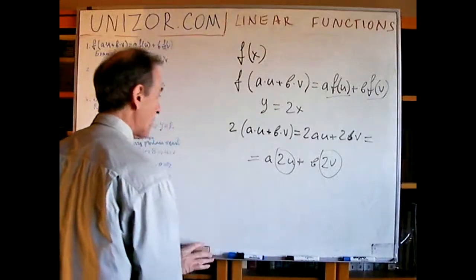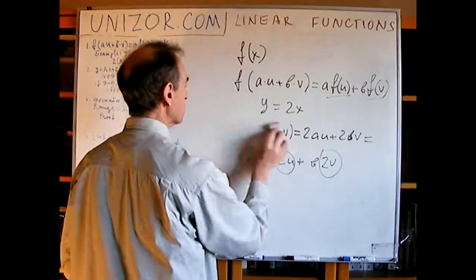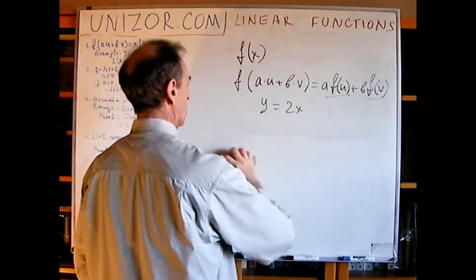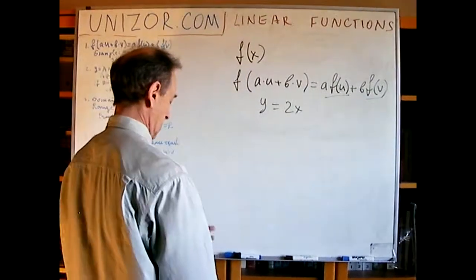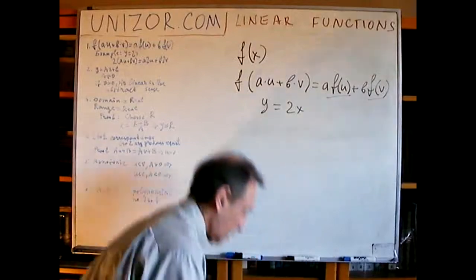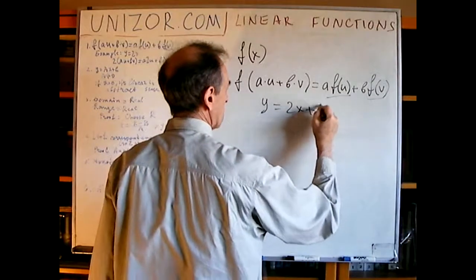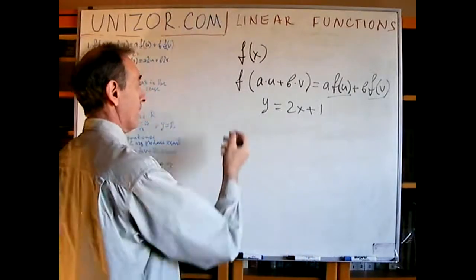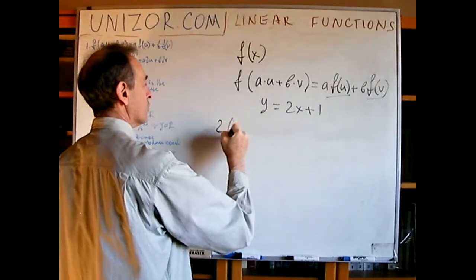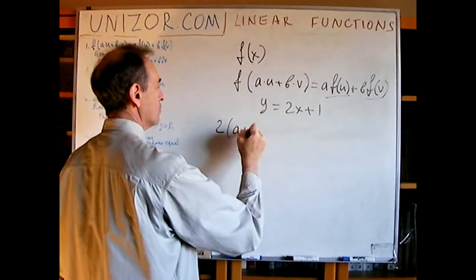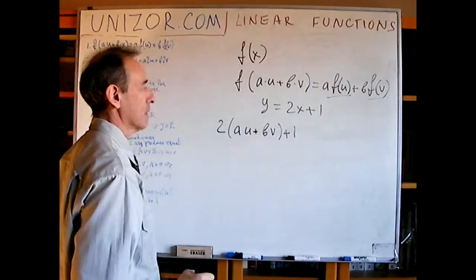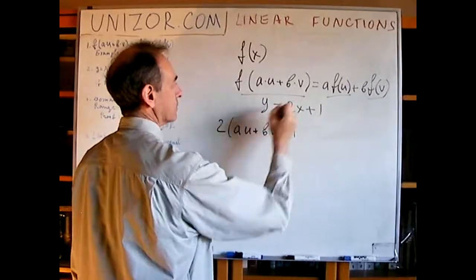Now, how about a different function which we also used to call linear, at least in high school? Something like this. Is this function linear in this abstract sense? Well, let's just calculate. 2 times au plus bv plus 1, right? Now, that's on the left.